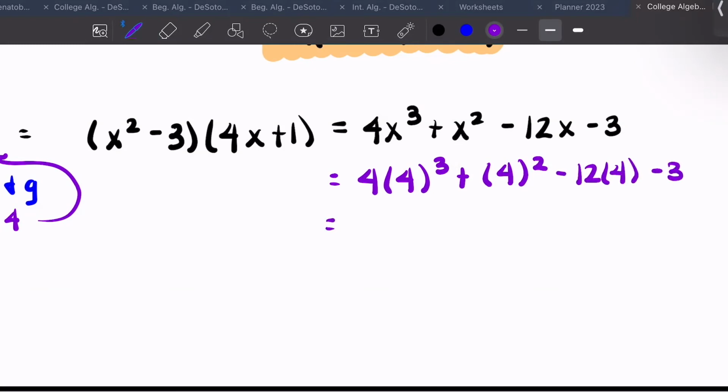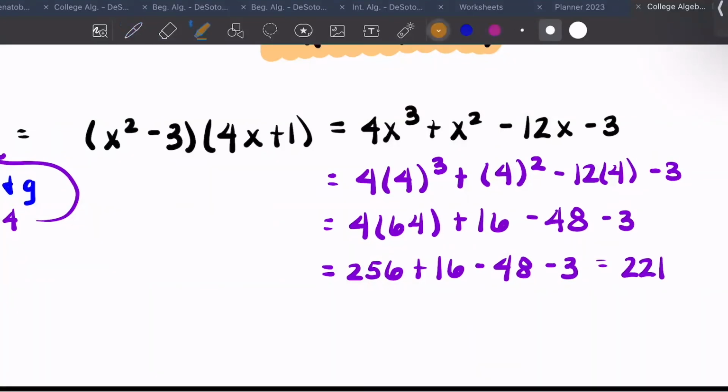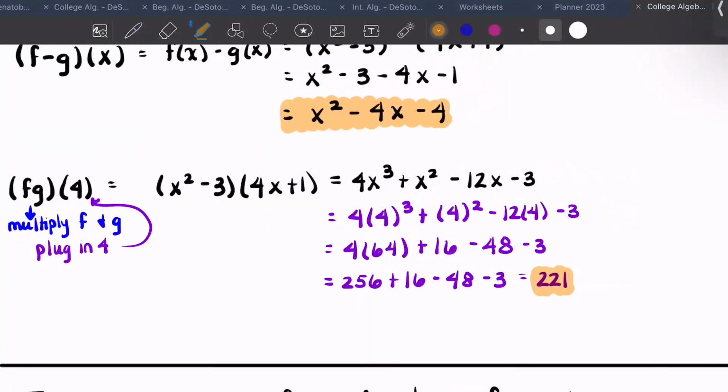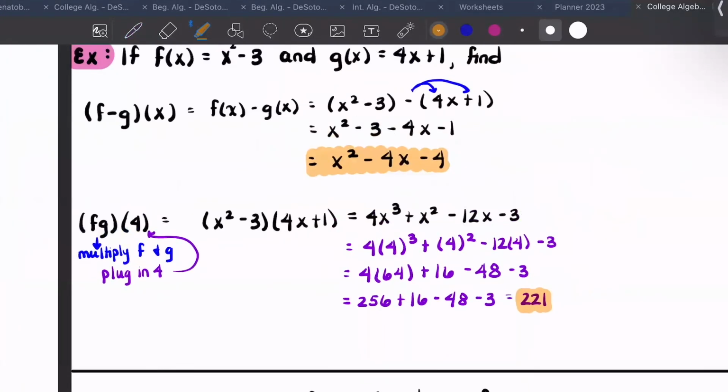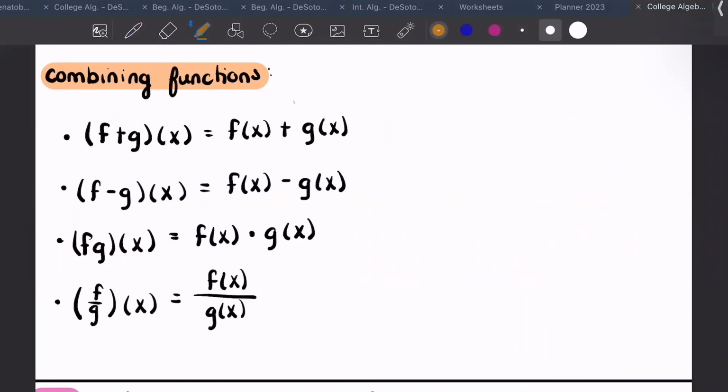So you're going to do 4 cubed first and get 64 plus 16 minus 48 minus 3. 4 times 64 is 256 plus 16 minus 48 minus 3, and you get 221. You have a calculator, so you could use it there. So that is using those 4 rules of combining functions.